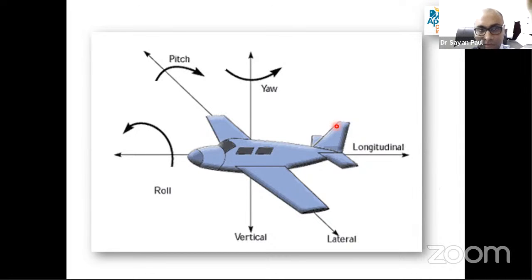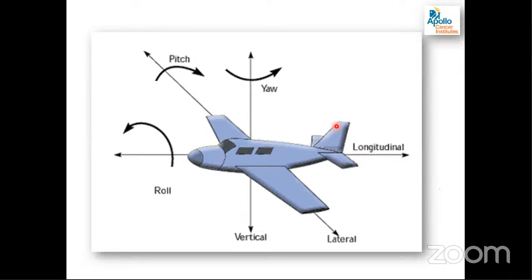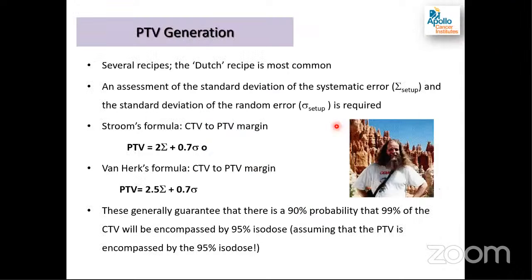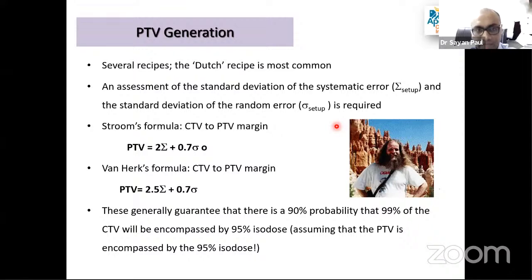And there can be 3 rotational errors also. One is roll, that is rotation along the longitudinal axis, pitch, that is rotation along the lateral axis, and yaw, that is rotation along the vertical axis. So our aim is to minimize these errors as much as possible.